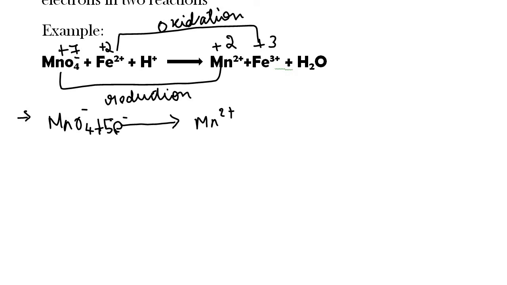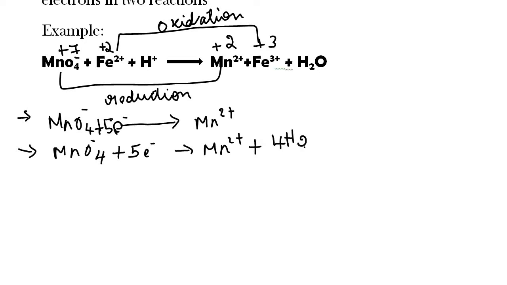MnO4 has 4 oxygen atoms, right? We need to add 4 water molecules on the other side. That is Mn2 plus plus 4H2O.